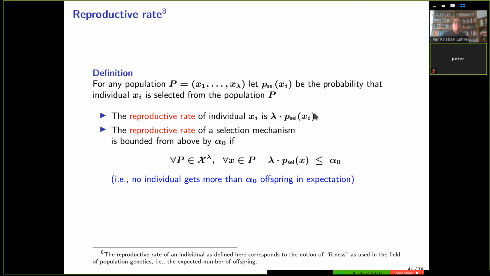Then we talk about the reproductive rate of a selection mechanism. We say that the reproductive rate of the selection mechanism is bounded from above by a parameter alpha naught if for any population and for any individual in the population, the reproductive rate is less than alpha naught. It means that in expectation, no individual gets more than alpha naught offspring.